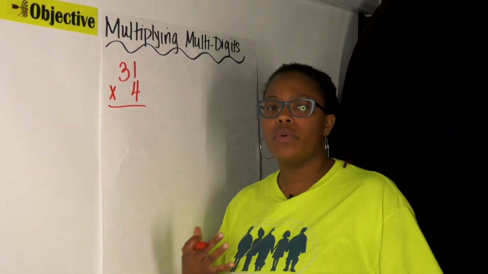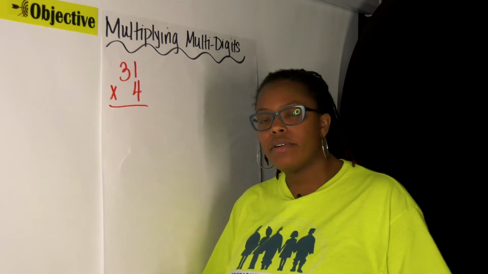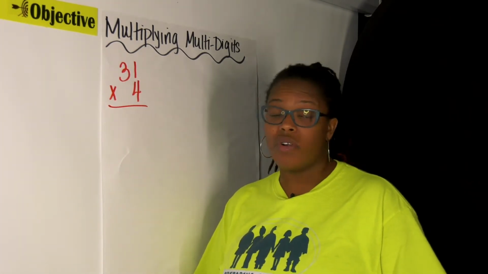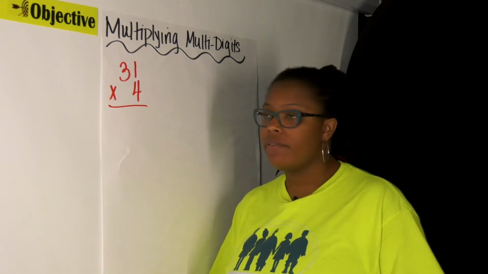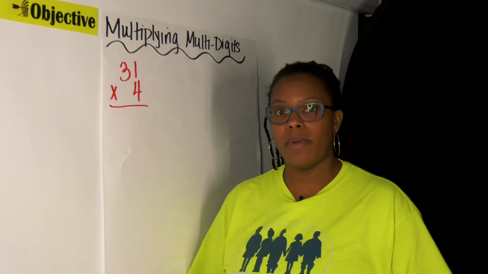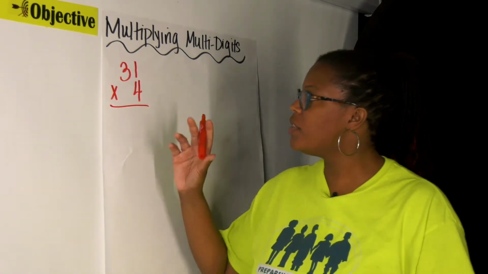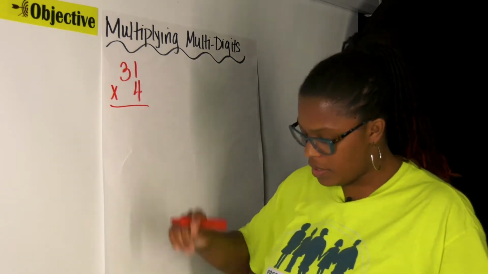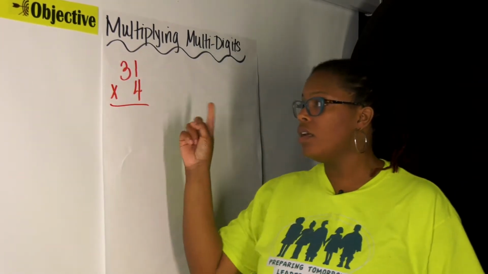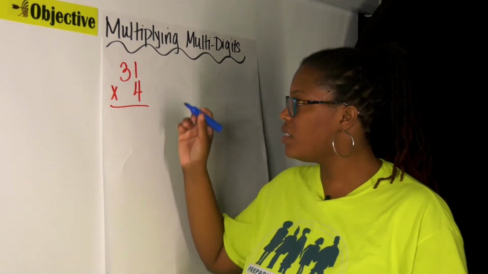This is called fluency practice, and you probably have done that in class or in school prior to this year, or maybe this year, where you have a quick math fluency practice and they give you about 2 minutes to answer all of those questions. Okay, so we're going to do some quick math fluency multiplication practice starting with multiple digits.